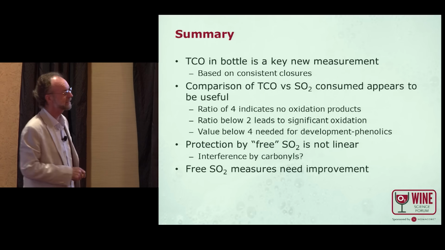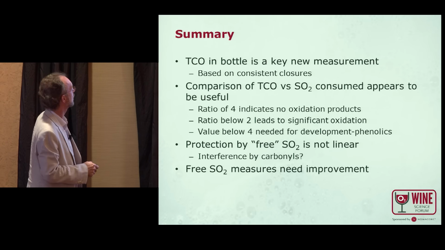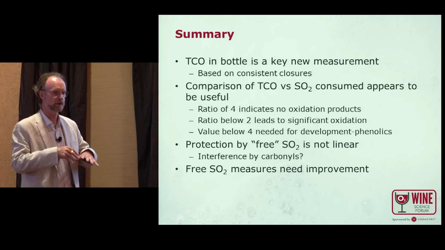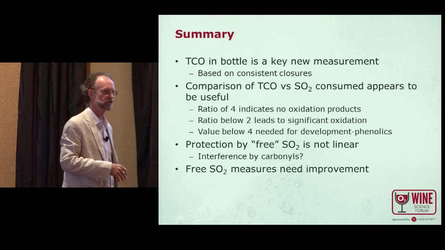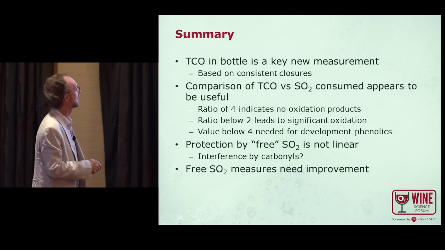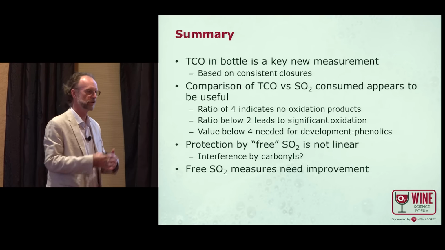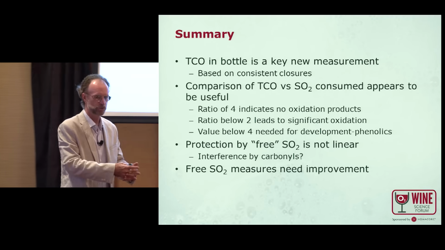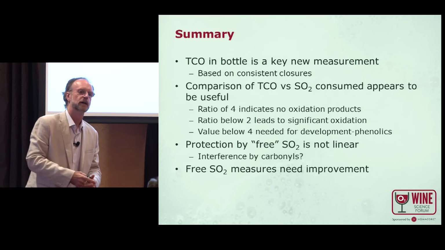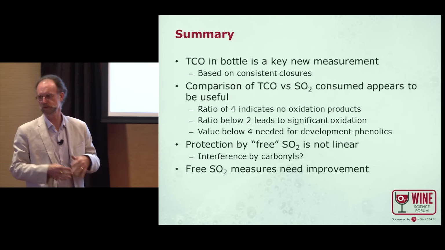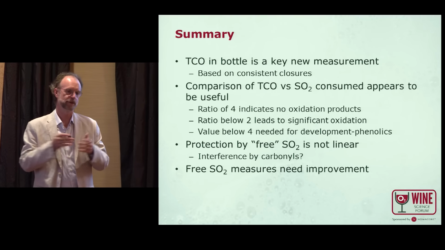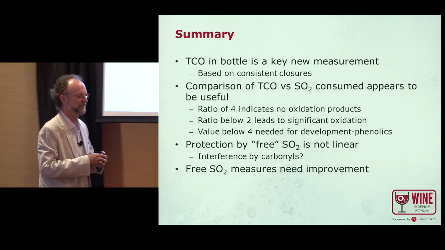So I think TCO is a great way to measure what's actually happened in the bottle, how much oxygen the wine has consumed, and comparing that versus SO2 gives you a real measurement of whether that SO2 has protected the wine or not. I can say we have other experiments where we actually did a better bottling too.